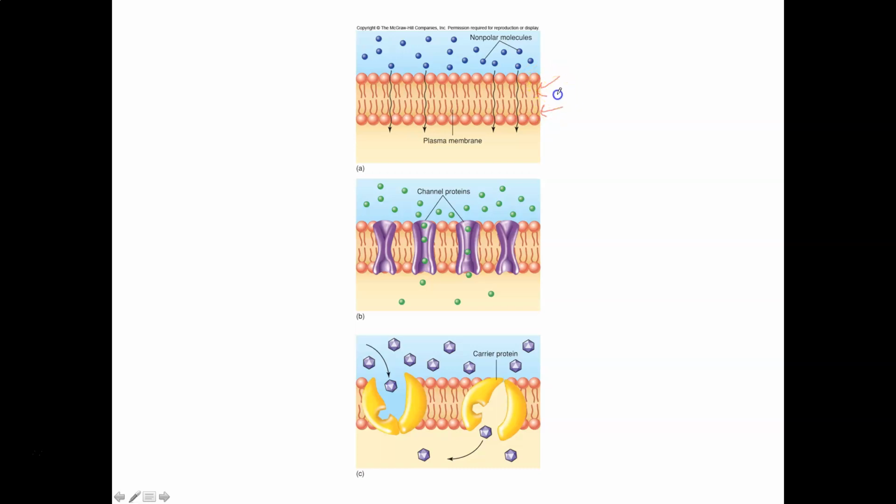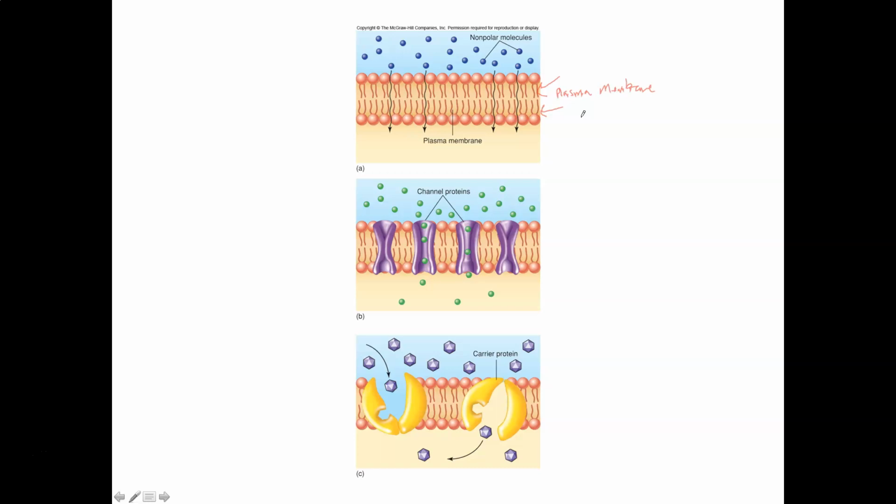This is the plasma membrane. When you look at the plasma membrane, the concept of the plasma membrane being selectively permeable is important to understand, because what that really means is that the plasma membrane only lets some molecules or ions cross and others cannot.